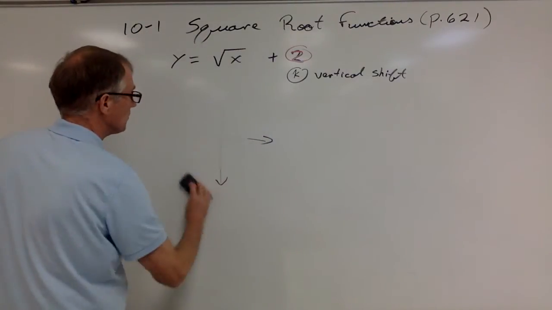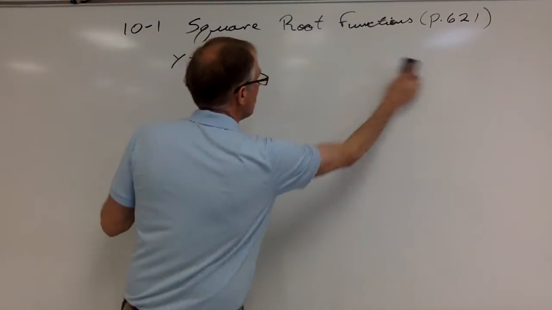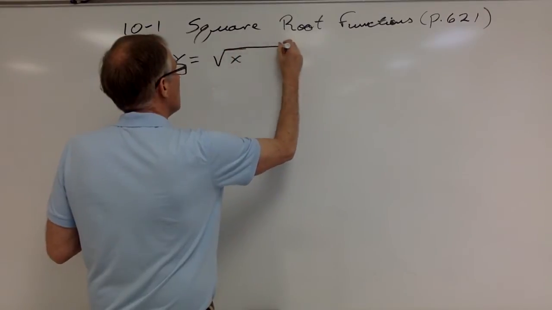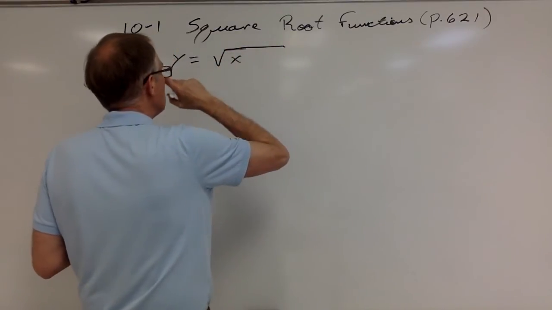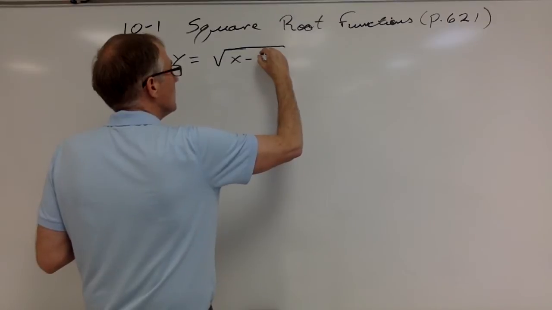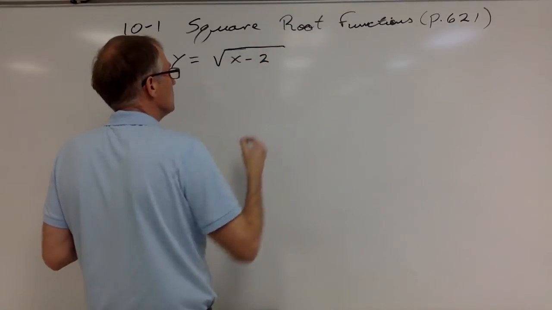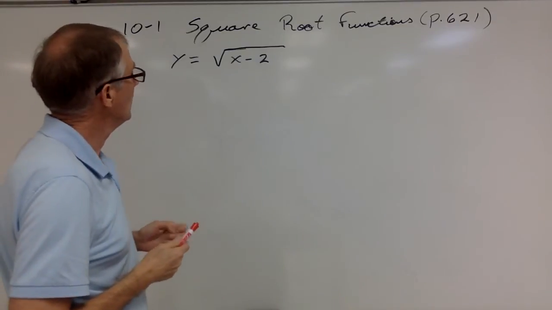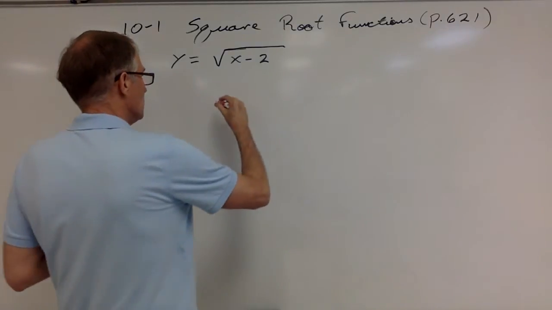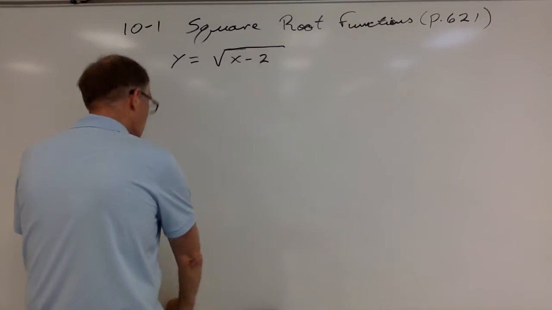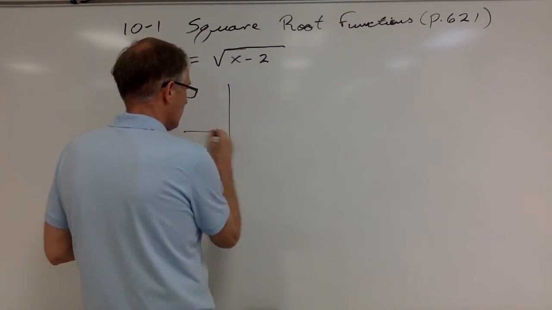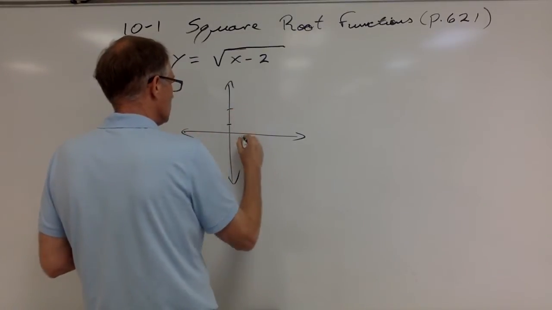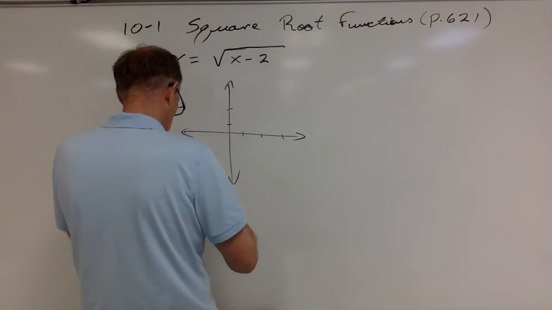And then the other thing we ran into was a horizontal shift. A horizontal shift might look something like this, where if you had something like y equals x minus 2, that actually shifts the graph over.